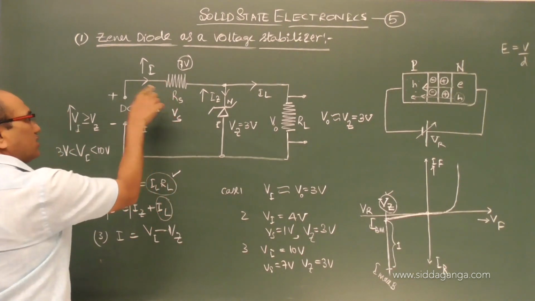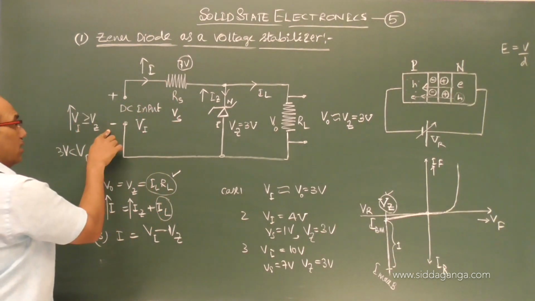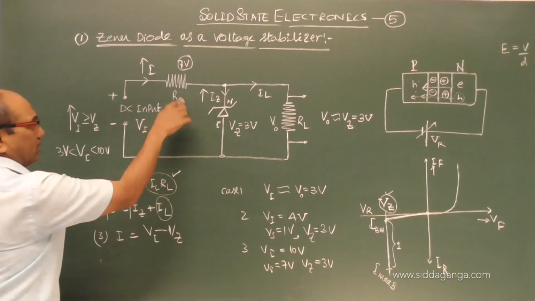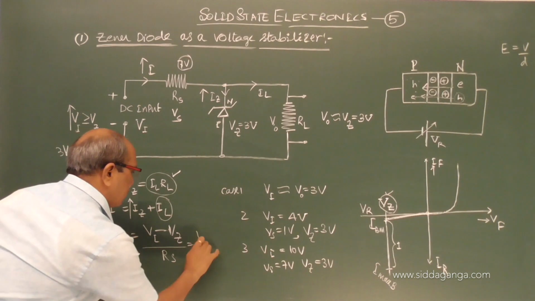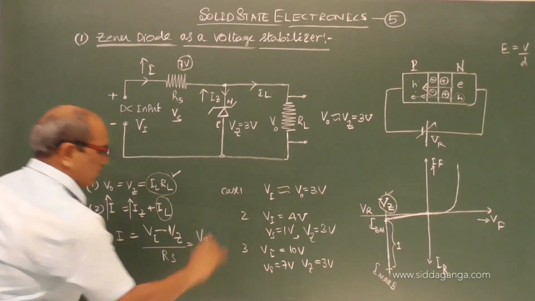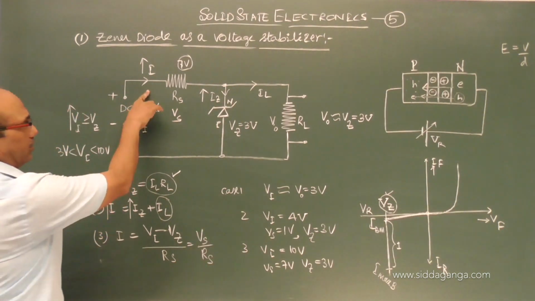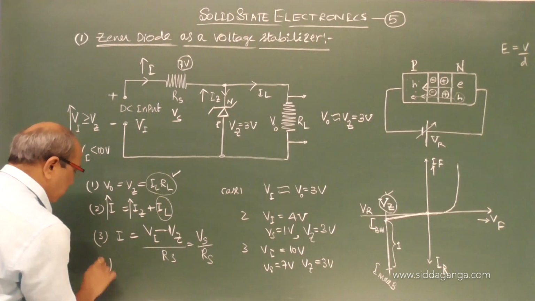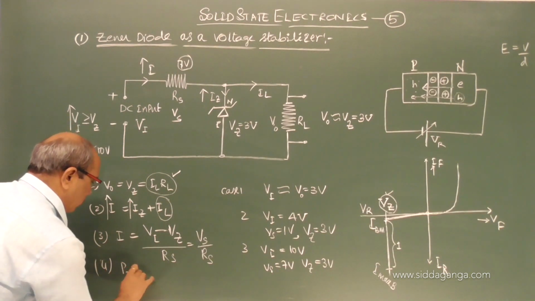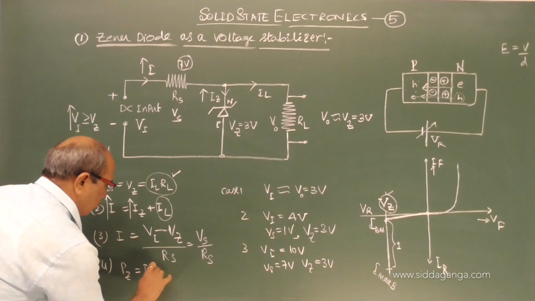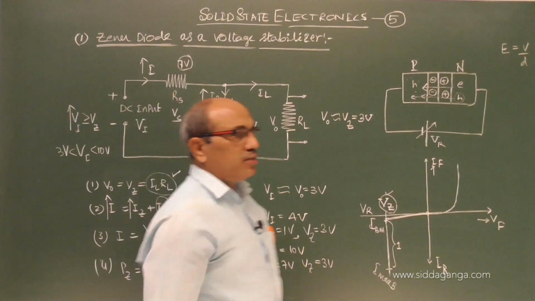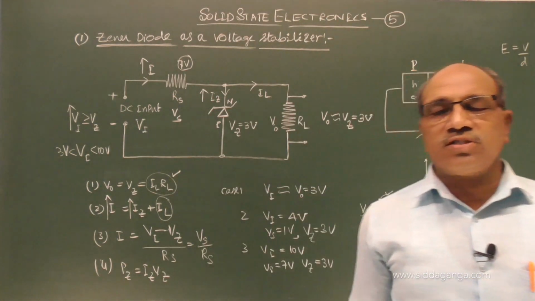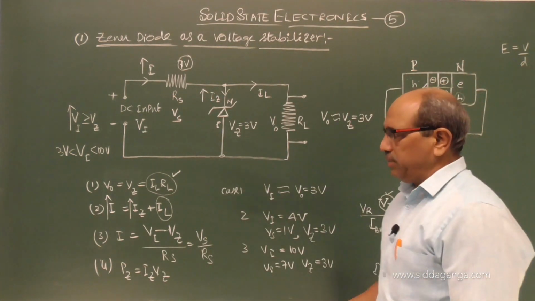Vz plus Vs is Vi, or Vi minus Vz is Vs. Vs divided by Rs, I can write Vs by Rs also. This gives you the main current. The power drop across the Zener diode is Iz into Vz. These are the four equations most importantly required for the numerical problems that come in the entrance paper.